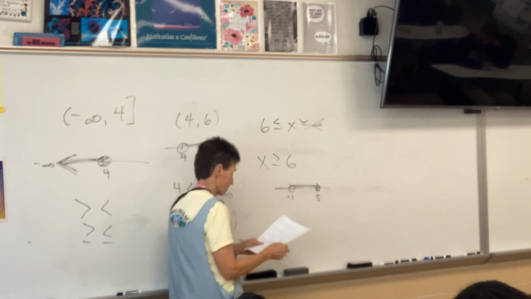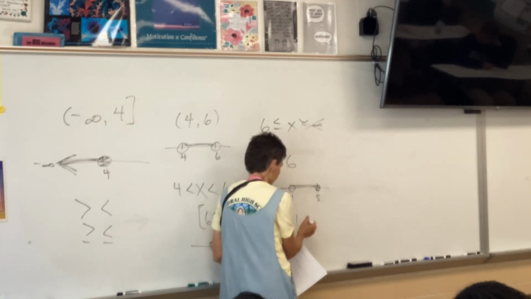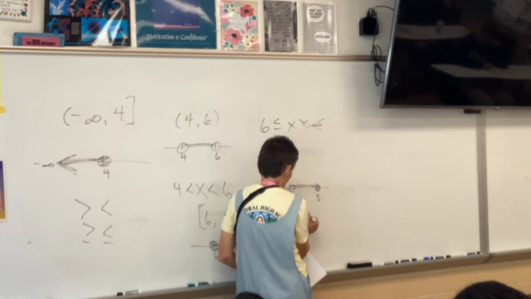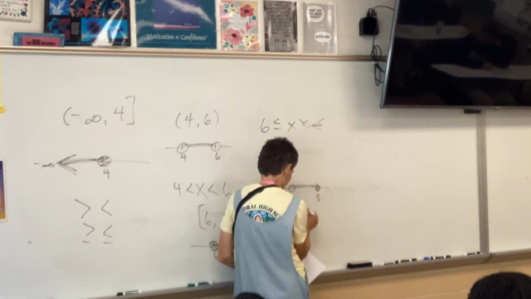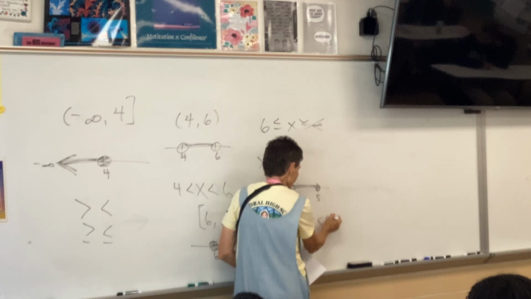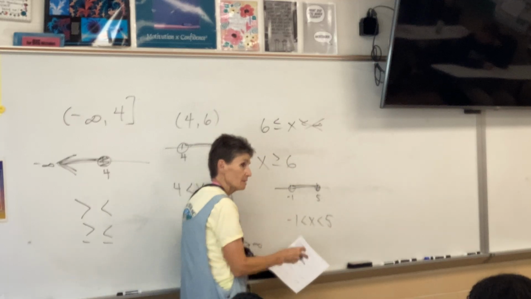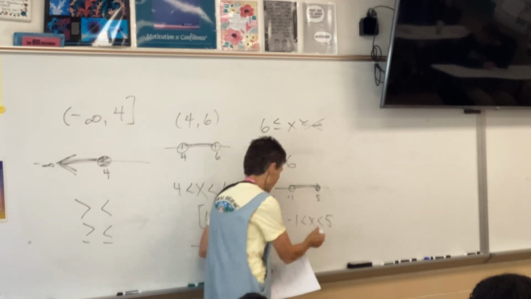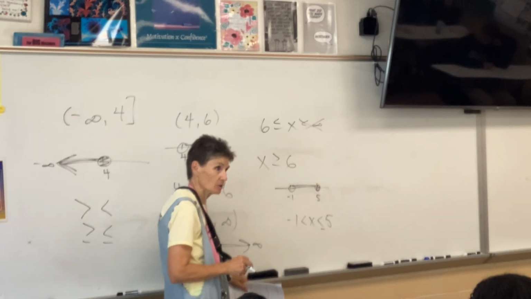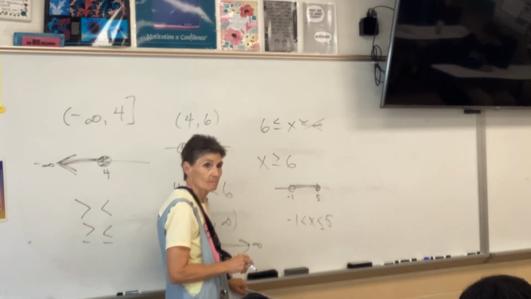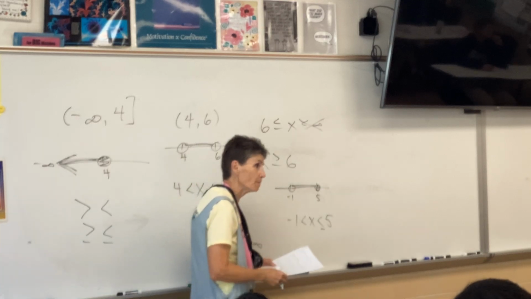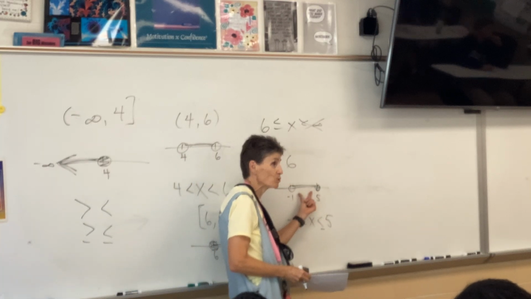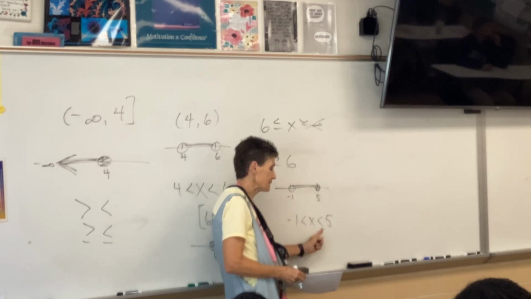It'll be -1. Actually, less than x, less than 5. One will be less than or equal to on the 5, because that's a closed-end dot. Remember, when you write a compound inequality, when you're shaded in between two numbers, these are always less than.